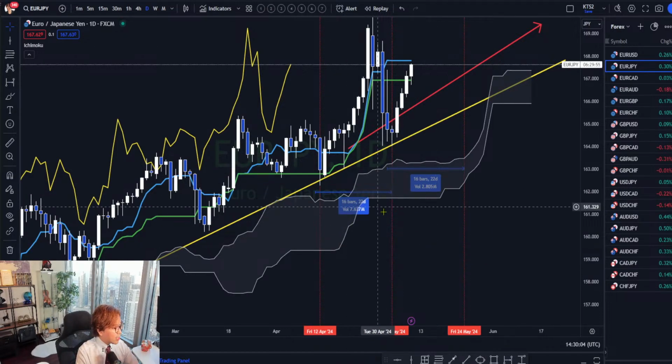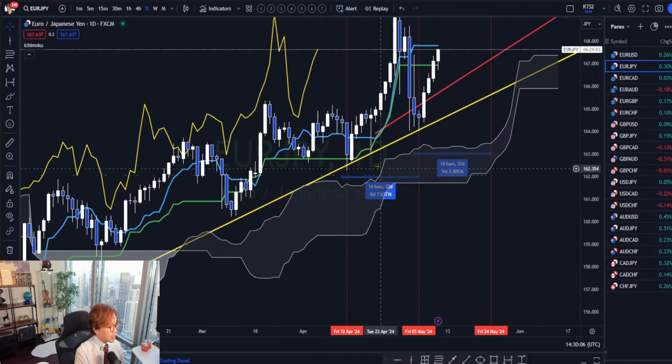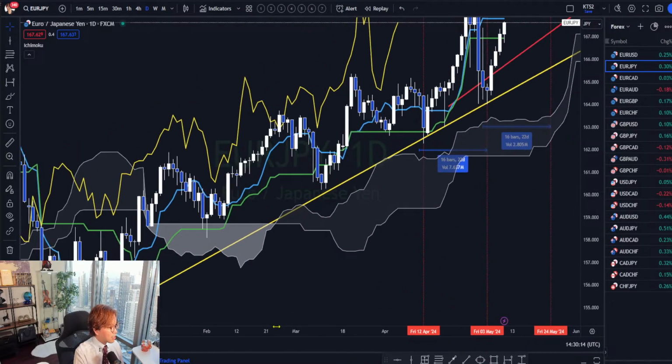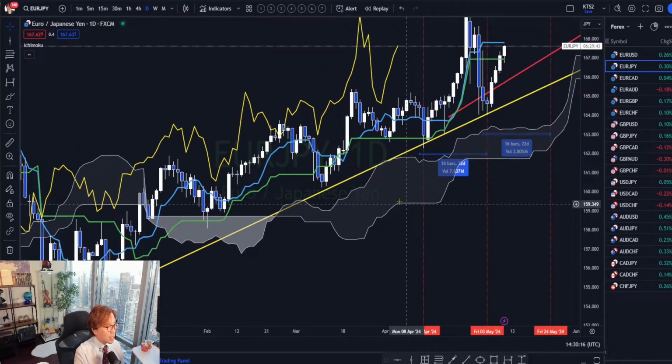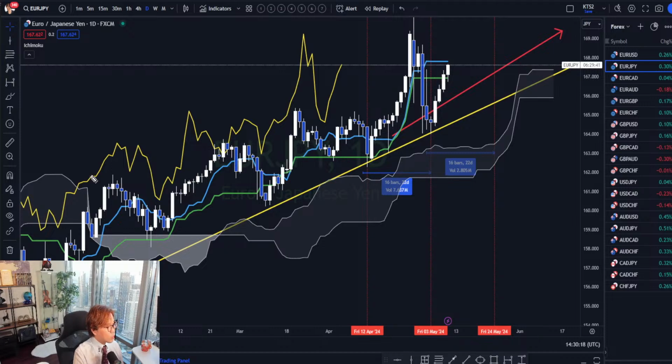So coming back to this, you may be curious what will be the second and the third previous swing low, how many bars it was based on this trend line bounce. So the previous swing low that was close to the trend line was here, and this was on the 11th of March.